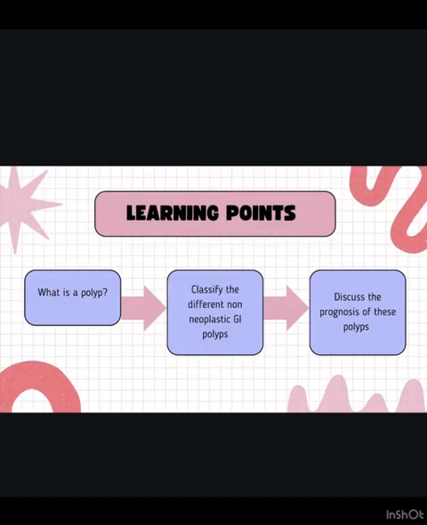Now, what are the different learning points that we'll cover in this video? Firstly, let us understand what is a polyp. So polyp by definition in pathology is any abnormal growth or mass, and this abnormal growth or mass will always protrude from a mucous membrane or a lining.